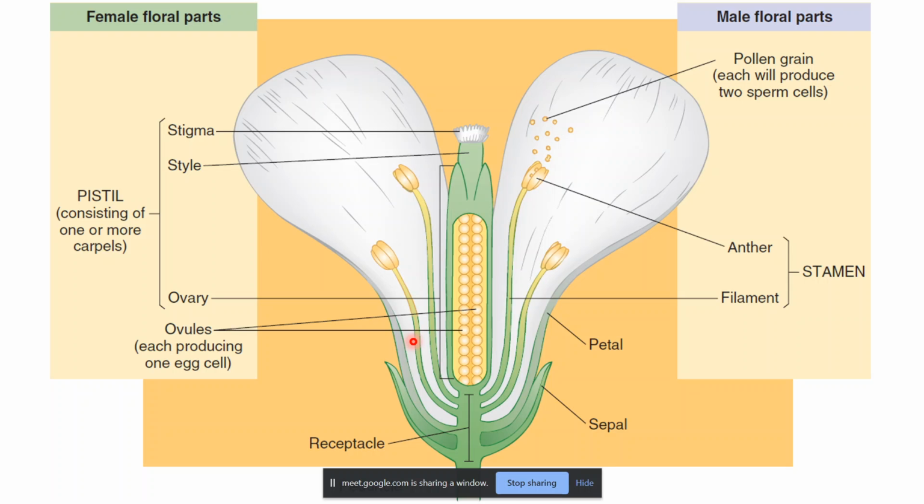Like if you are a man and you are dating a woman, then if you are good enough, the woman will select you, so will agree to have sexual reproduction with you, then you will pass your genes to the children, and then your children will be similar to you.